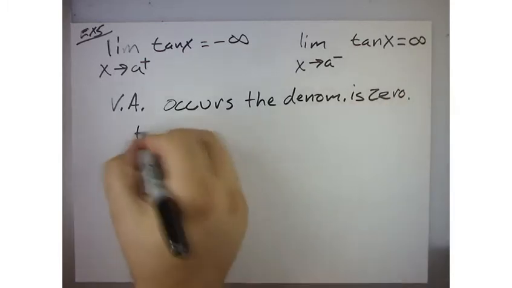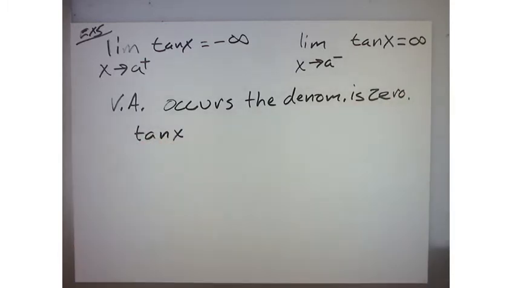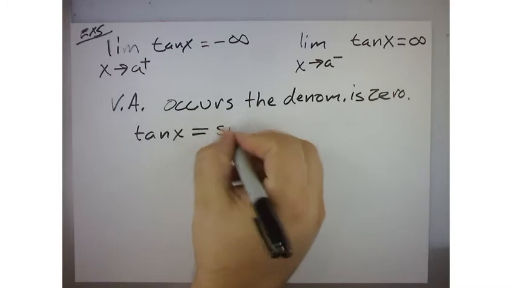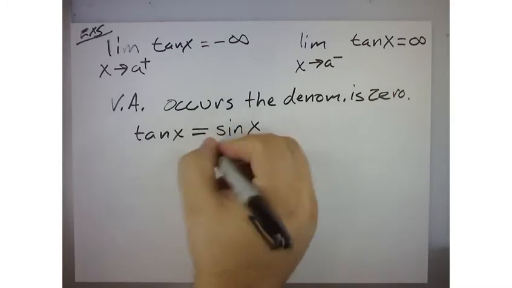Well, then we've got to look at tangent of x. What is tangent of x? I made a fancy video on it. Sine over cosine. So what are we really interested in?